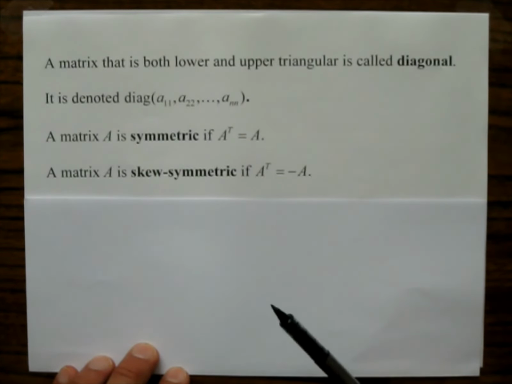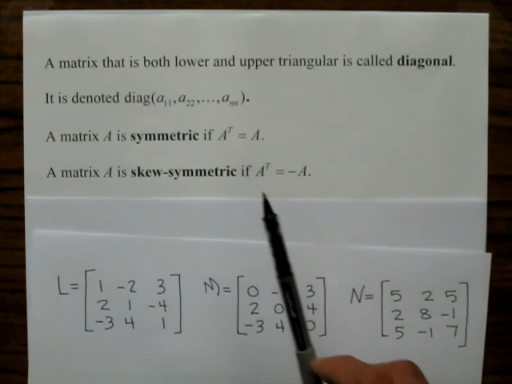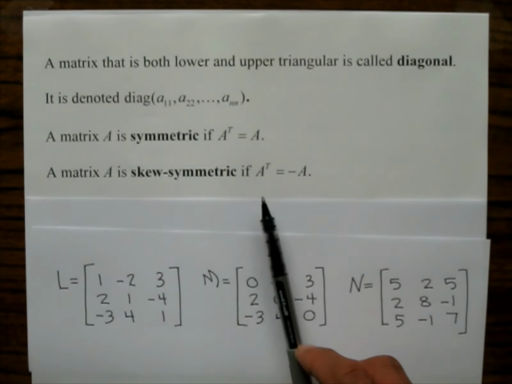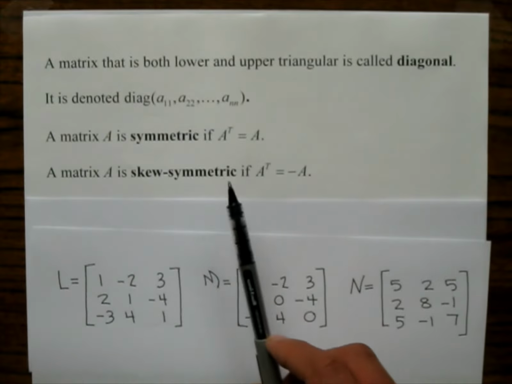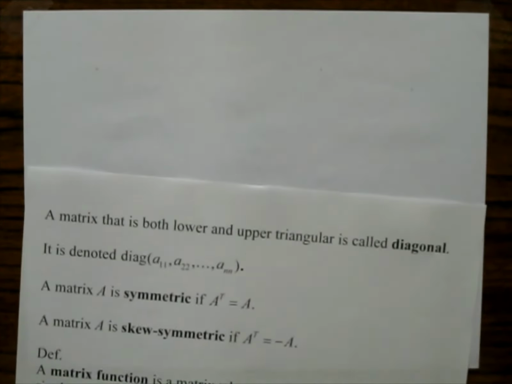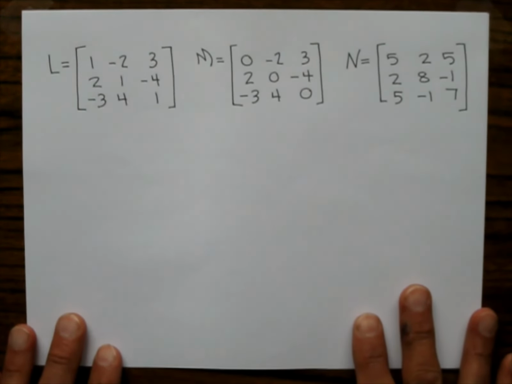I'm not saying all the examples are like that, but the ones near the end are kind of weird because there's not a unique answer. It's what you write. And remember these definitions, A transpose equals A or A transpose equals negative A is going to give you the magic here. Let's go ahead and try that out. We still have another definition, but there were a lot of definitions in this section.